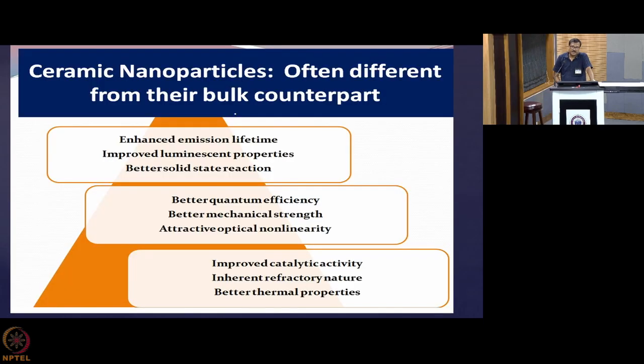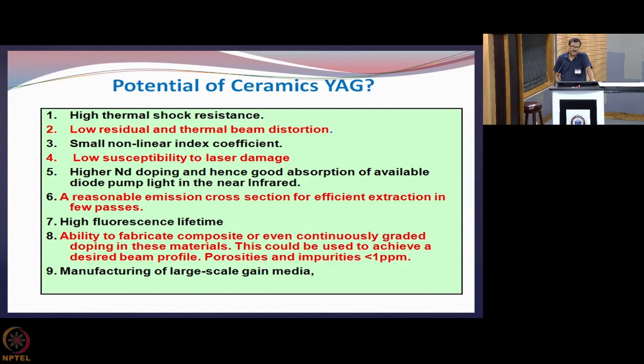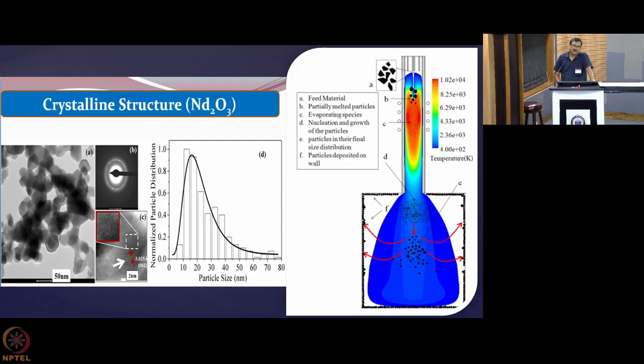Now in the case of novel material synthesis, this plasma can be used because of the very high temperature. What happens is you can break the material into its constituents, and then as it goes down through a gradient in temperature, they undergo homogeneous nucleation.